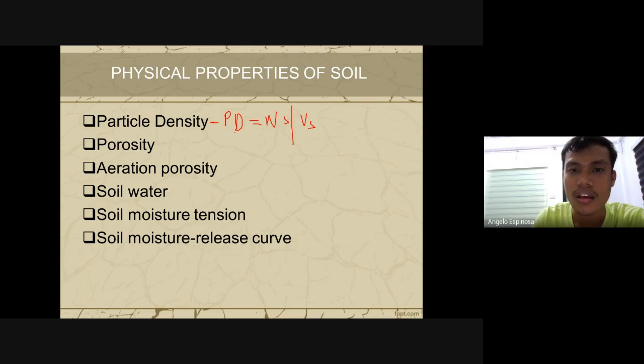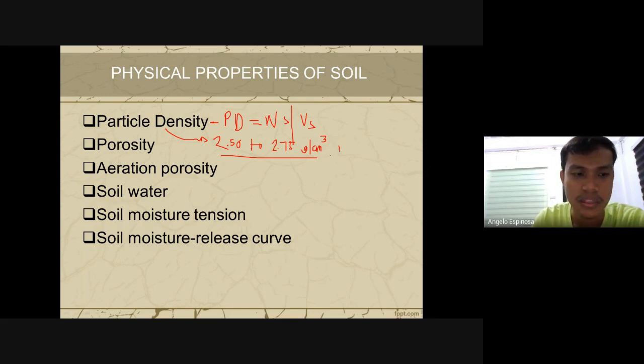Always remember also that the values of the particle density have a narrow range of 2.50 to 2.75 gram per centimeter cube.